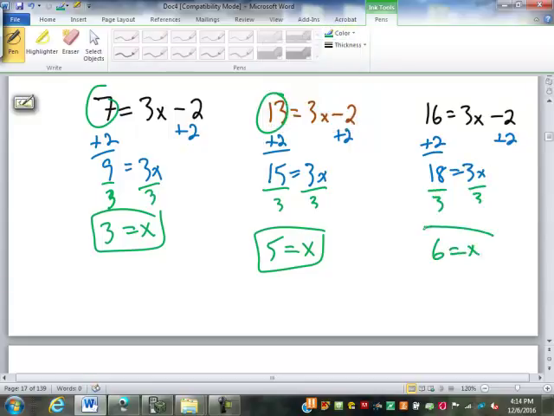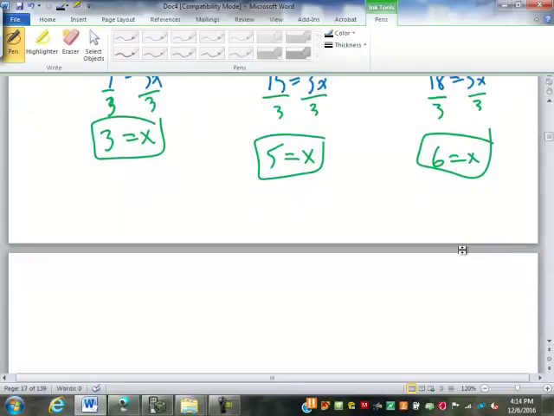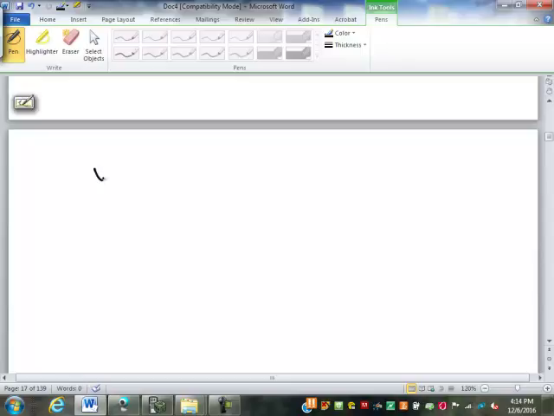We get a different answer again because this number is different. I could create an infinite number of equations of that form that have this on the right side and different numbers on the left. And they're going to give you a different value for x. Well, they're called a family of equations, and we can represent all of them like this.